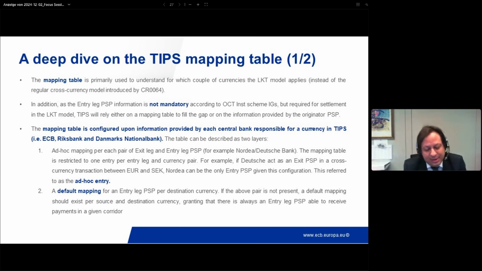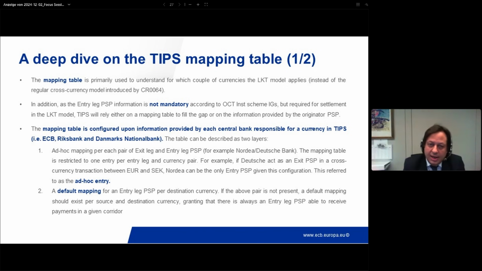What type of gap can be there in the system or in the message? Well, first of all, according to the one leg out scheme, if you look at the various tags, one of the two intermediaries, in particular the entry leg PSP, so the intermediary in the destination jurisdiction, is an optional field.